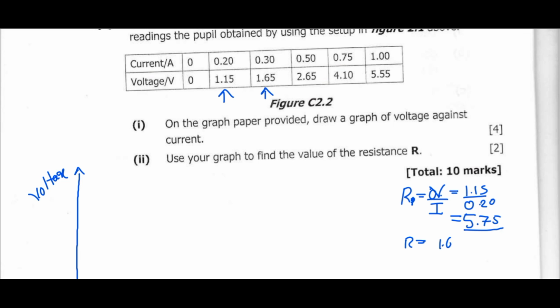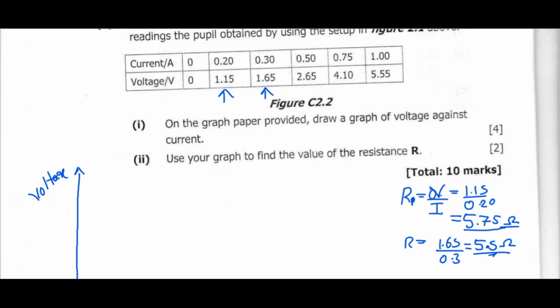So it's 1.65 over 0.30. So 1.65 divided by 0.30. So I'm getting 5.5 ohms. So you can see that the values are different.